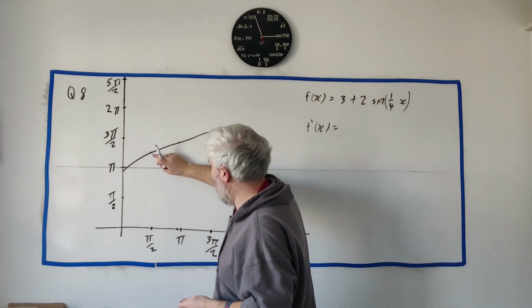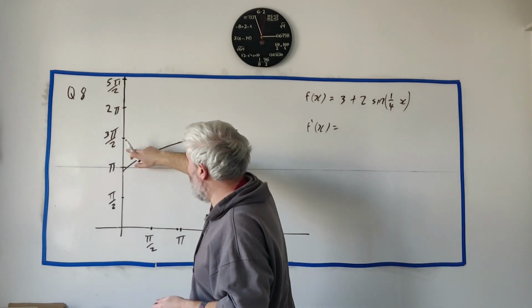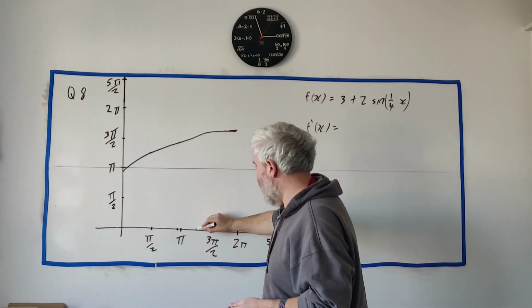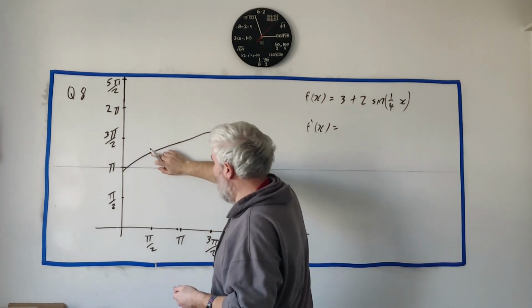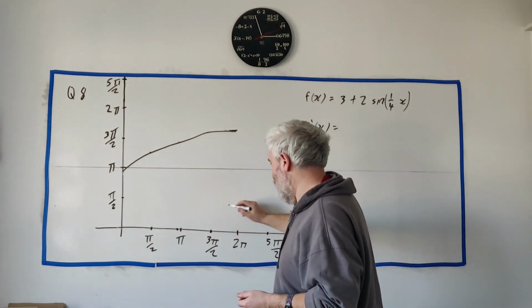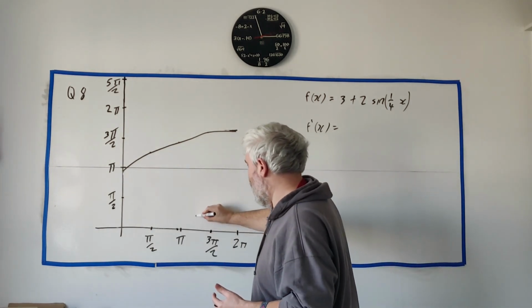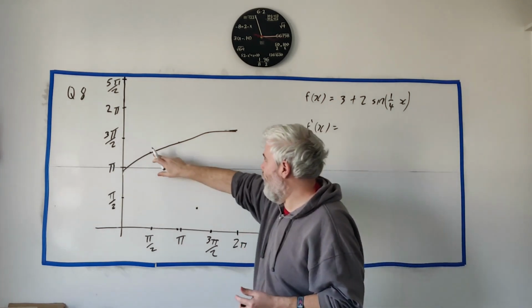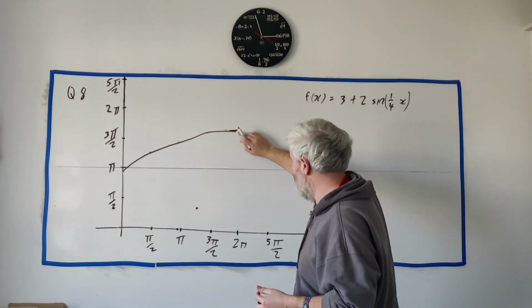If I put in somewhere between 1.5 pi and pi, I get out just under half a pi. So if I put in here, I get out something here, and so on. I can keep going for all these. This one should be the easy one.